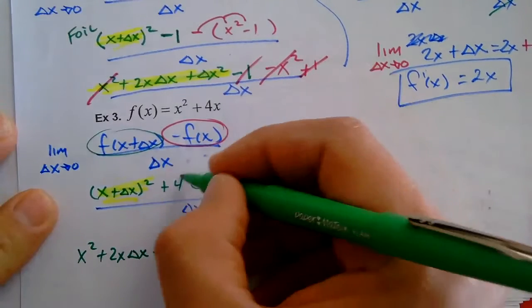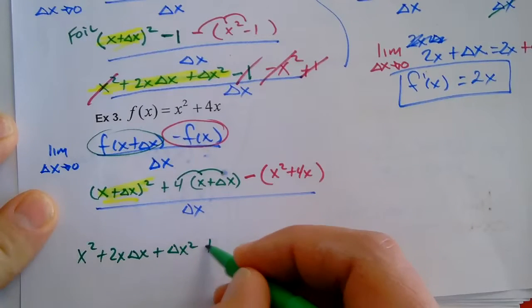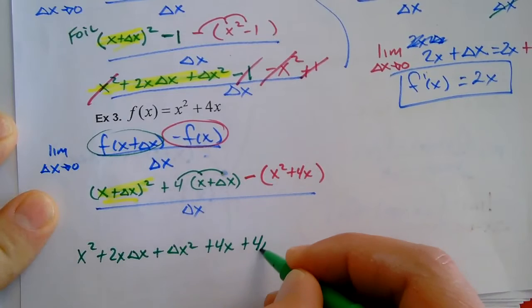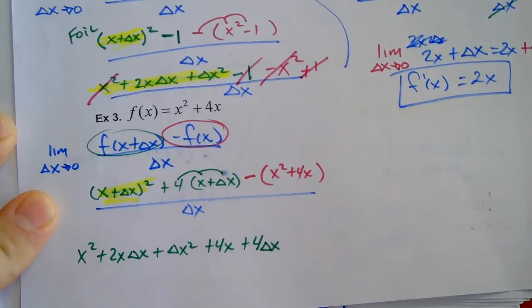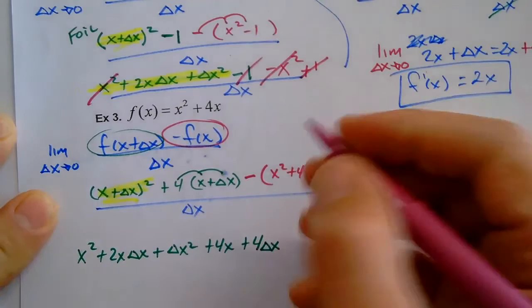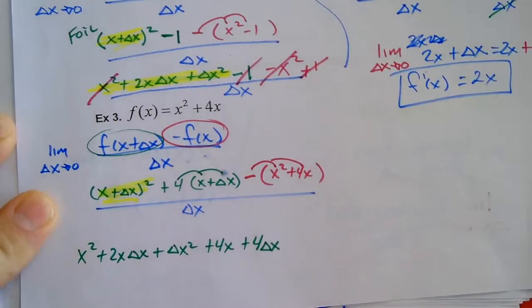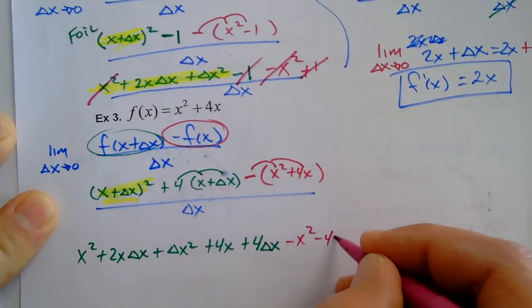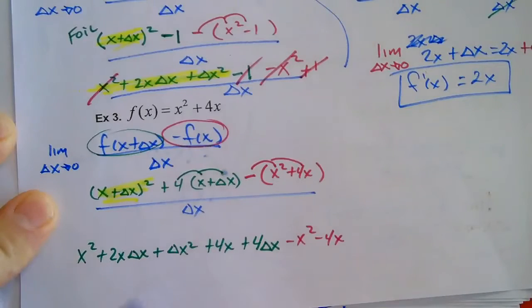And then I'm going to distribute. 4 times x is 4x. 4 times delta x is 4 delta x. And then I'm going to distribute here. Negative times x squared is negative x squared. Negative times 4x, negative 4x. And that's all over my denominator.